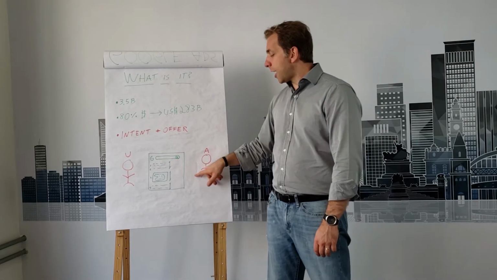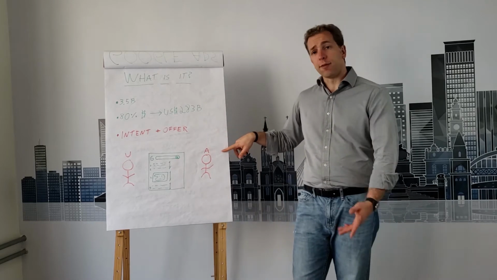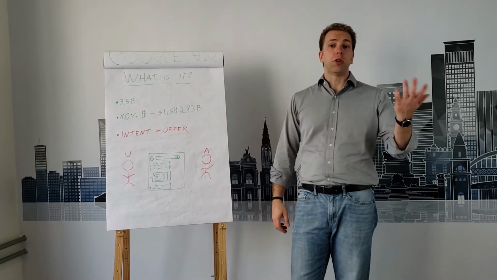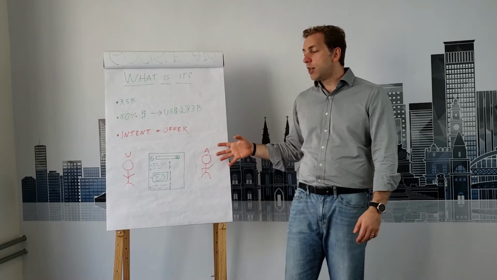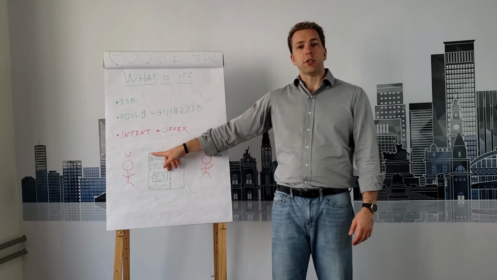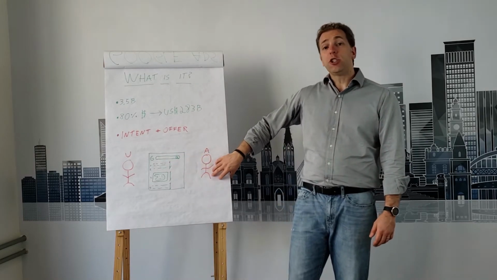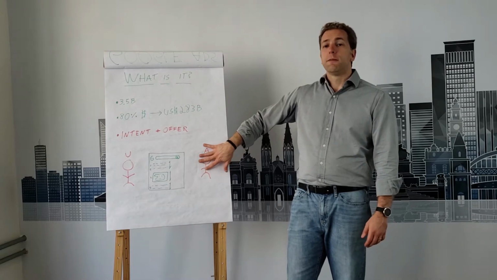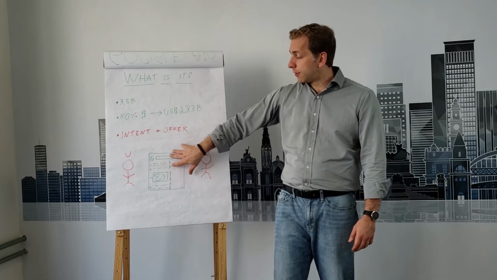Now, on the other hand, you have an advertiser, and that could be you. That could be a retailer, an insurer, anyone that wants to advertise when a search term that makes sense for this person is triggered here.